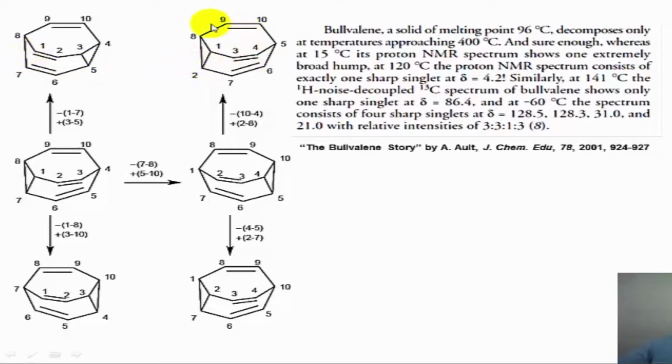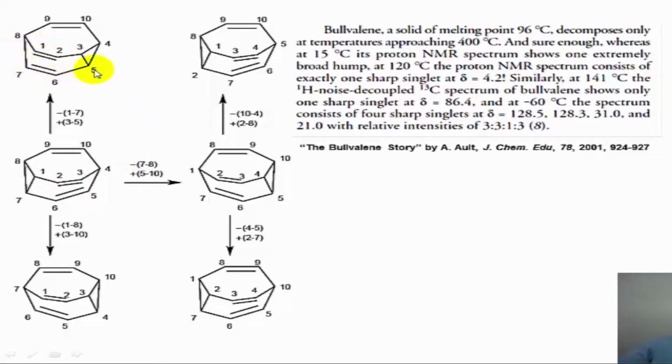So the resulting structure you can see here, for example. Or if you start from here, in this particular example, the 1,7 bond is cleaved and the bond is formed between 3 and 5 with a concomitant rearrangement of the pi system, which is the 3,3 sigmatropic rearrangement.